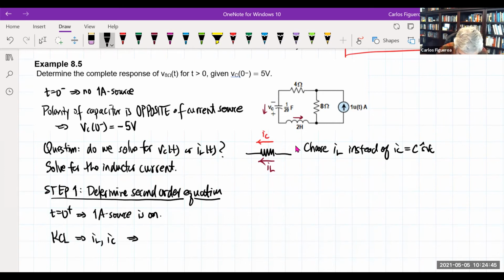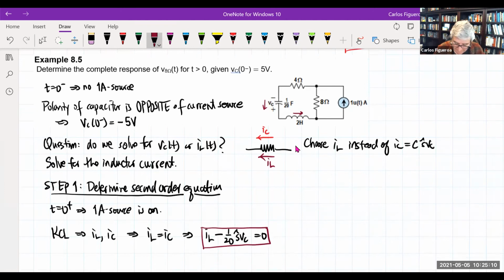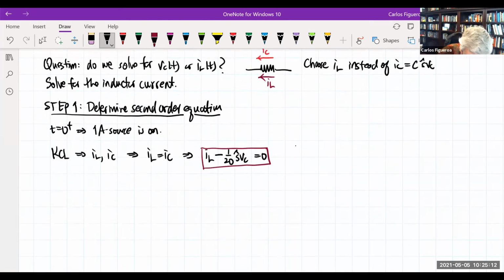That immediately tells you that IL must equal IC. And then I'm going to convert this. So then I'm going to go IL minus 1/20th s times VC, and this is equal to 0. So I now have my first equation. Let's go to KVL.